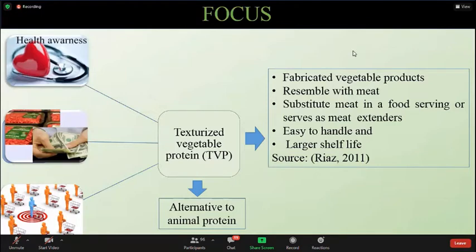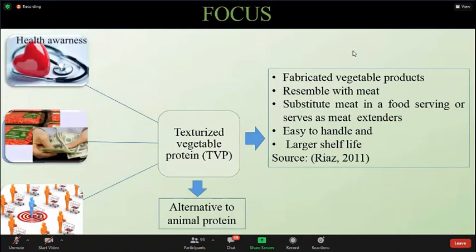There's a reason why we choose mung bean protein to be converted into texturized vegetable protein. It is considered a substitute for meat in food systems, and if it is done properly, it can resemble meat properties too. We can consider this an alternative to animal-based protein.